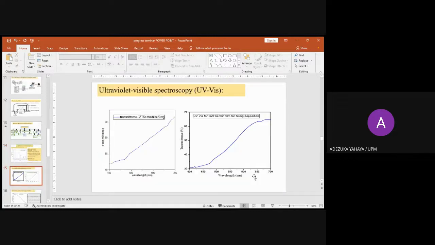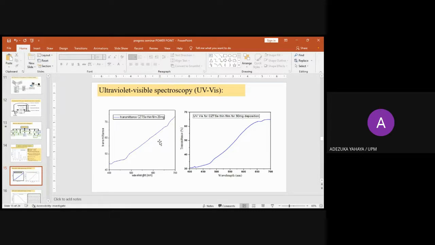So after the XRD, I also obtained results for ultraviolet-visible spectroscopy, where I obtained transmittance for the 20 mg, 30 mg and 50 mg depositions.